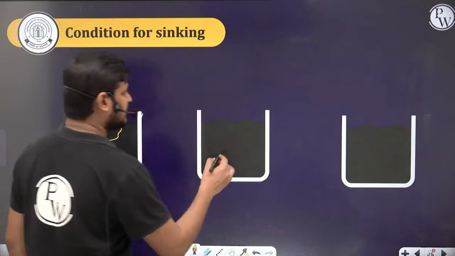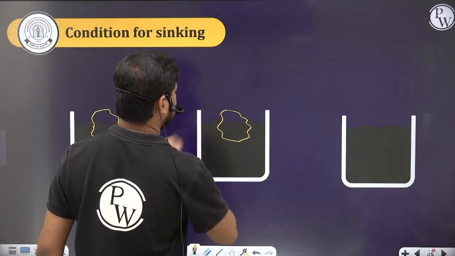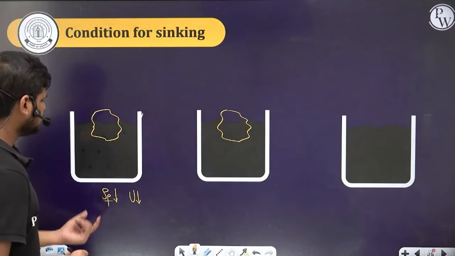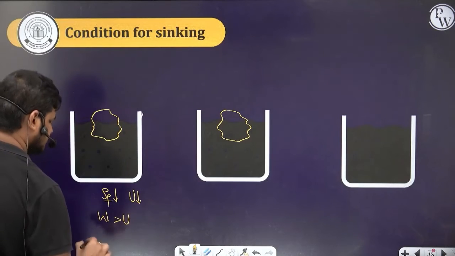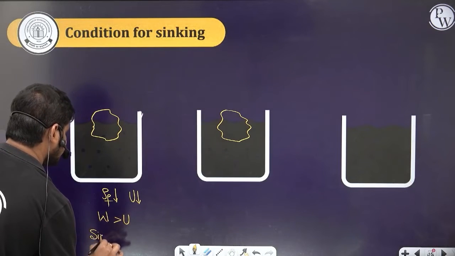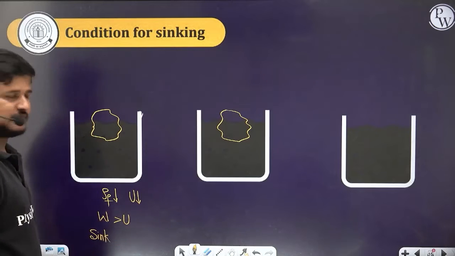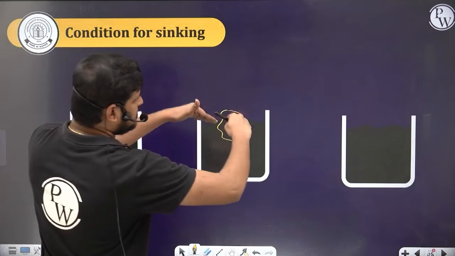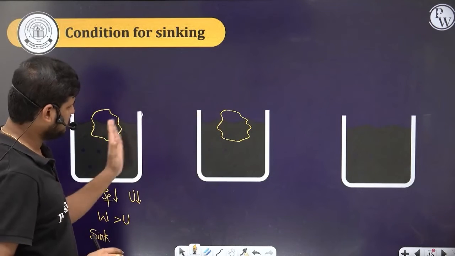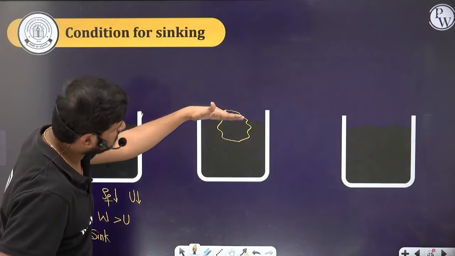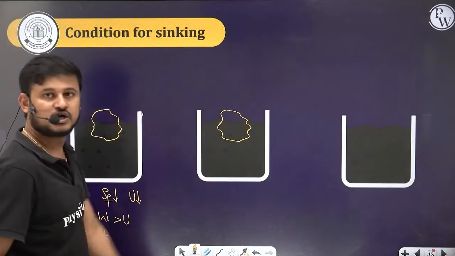In the second case, its weight is greater than the upthrust. So here it sinks, but it may sink completely or may not. Here I immersed it somewhat deeper compared to this one, so it is at somewhat more depth in the water or liquid.